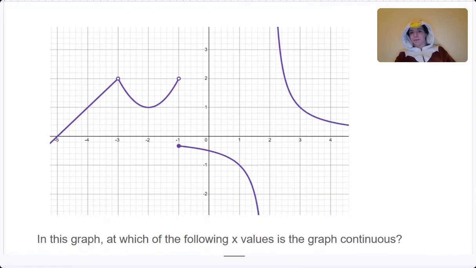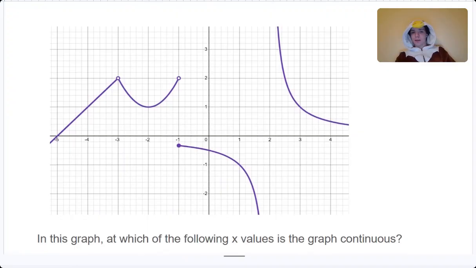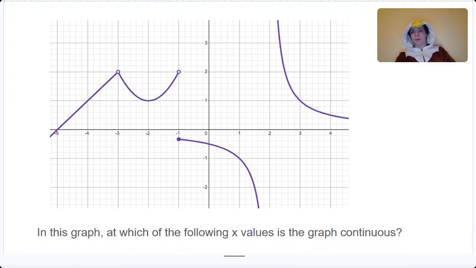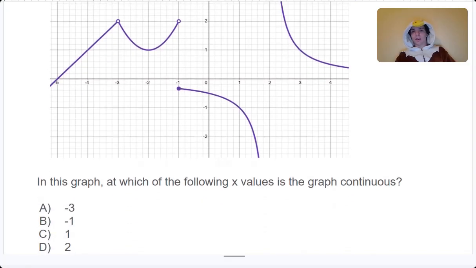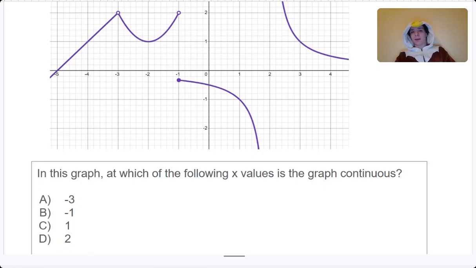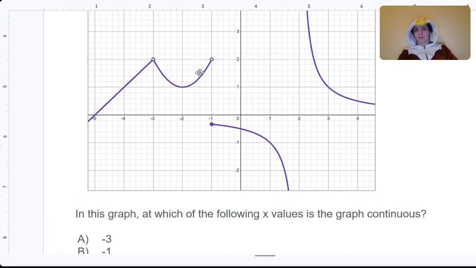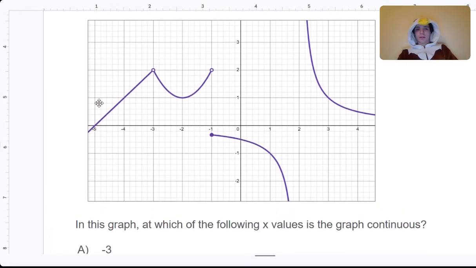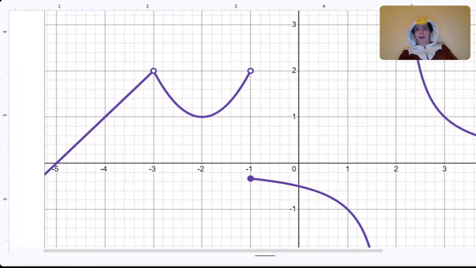So we have this graph down here, and we want to know at which of these x values is the graph continuous. So we have -3, -1, 1, and 2. So let's first look at -3. At -3, we got an open circle, so it's a hole or removable discontinuity.